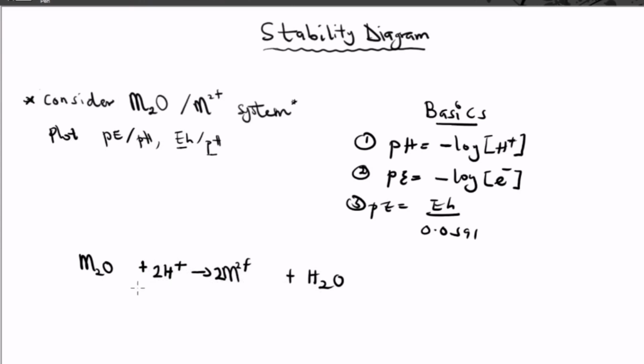We also check whether the system is still balanced. With the charges, we have 2 here and 4 there, so we need to balance with 2 electrons. Balancing the equation is the key to this. If you cannot balance it, you need to balance it very well before you continue. Now after balancing, we move on.